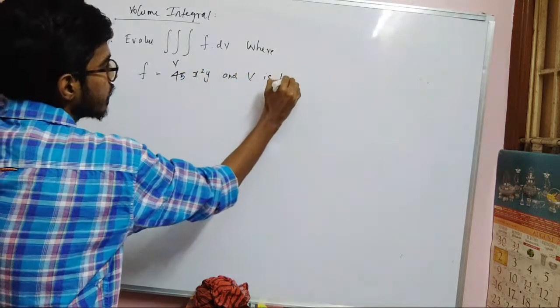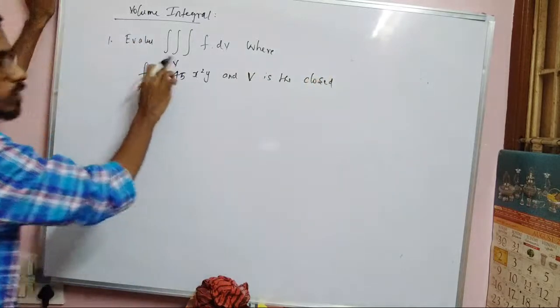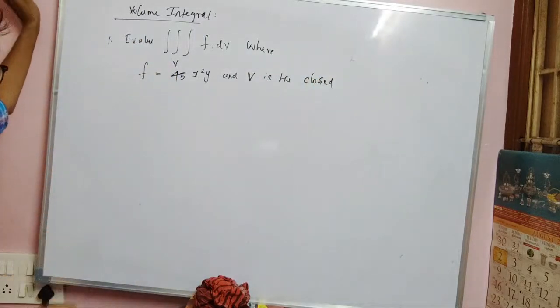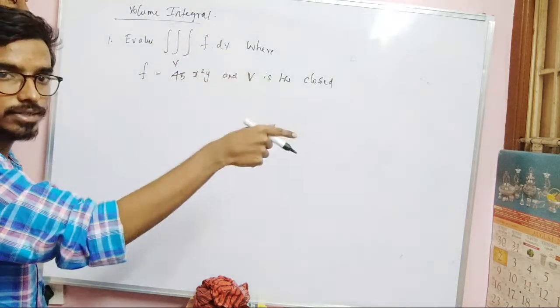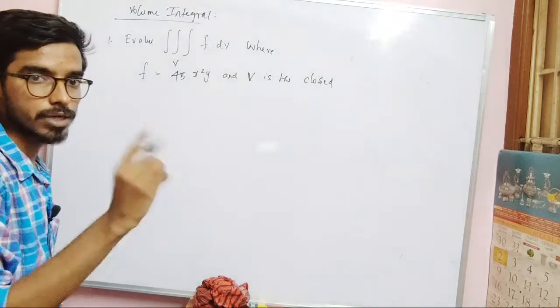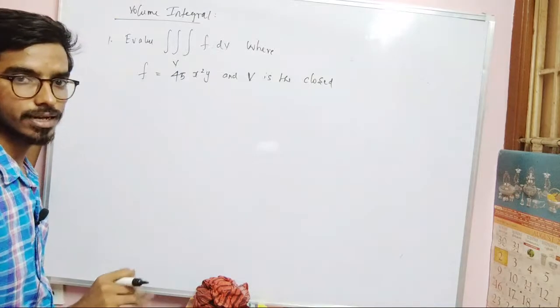Volume integral is very easy, right? If you find only the limits, it is done. It is not like line integral or surface integral. The only thing is you need to find dV, so dV is dx dy dz. You need to find the x limit, y limit, z limit, then you are done. You just have to integrate thrice to get the required answer.